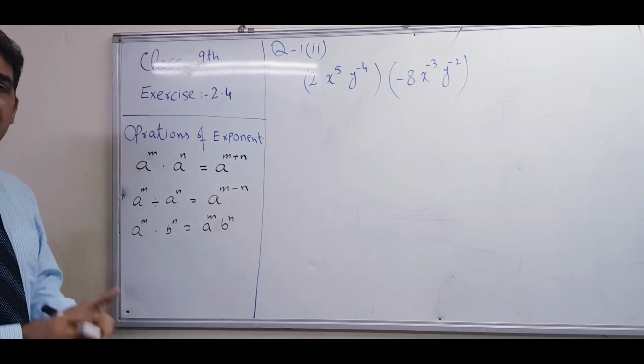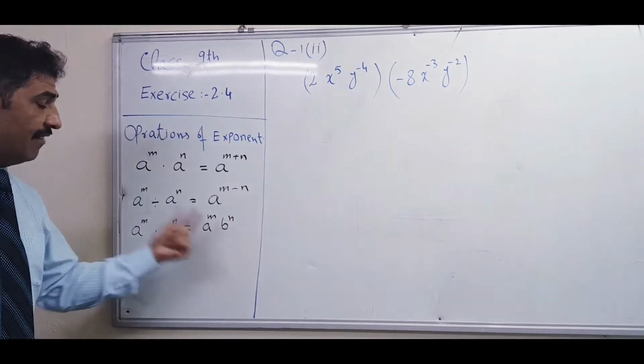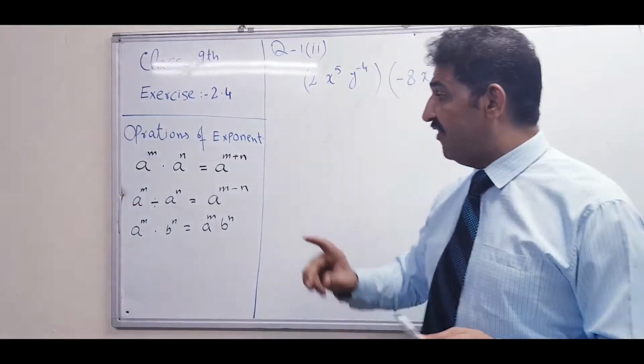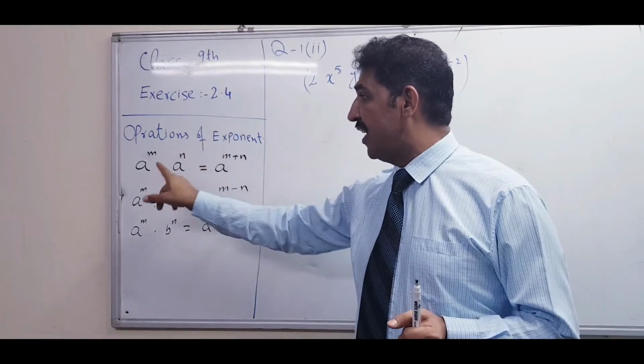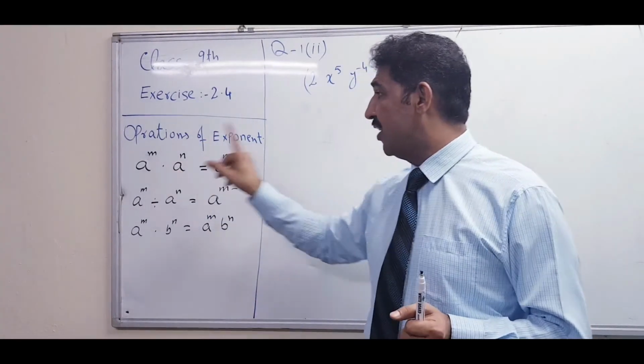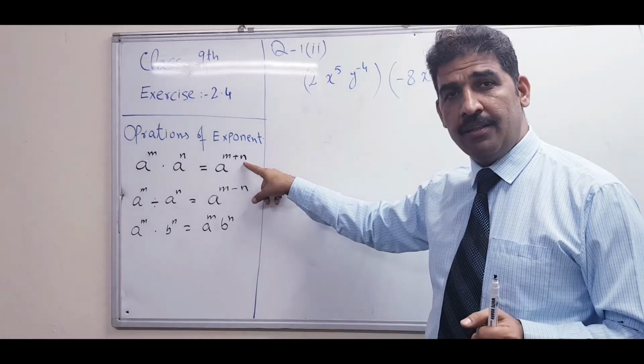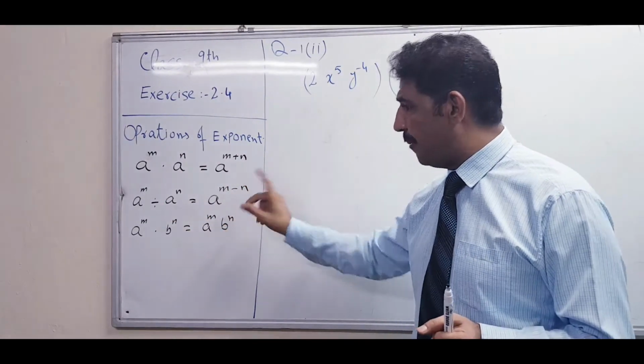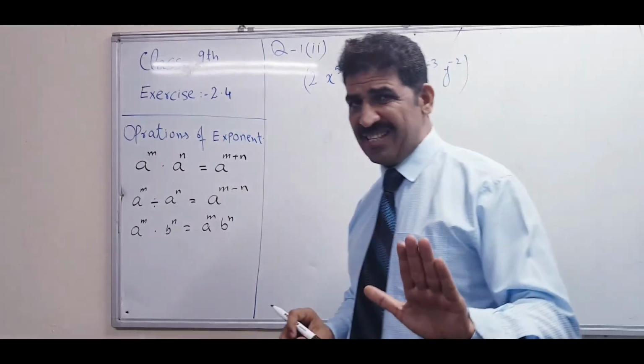Nothing needs to be added or subtracted when the variables are different. It is possible only when the variables are the same: for multiplication, add their exponents, and when dividing, subtract their exponents. Is that clear?